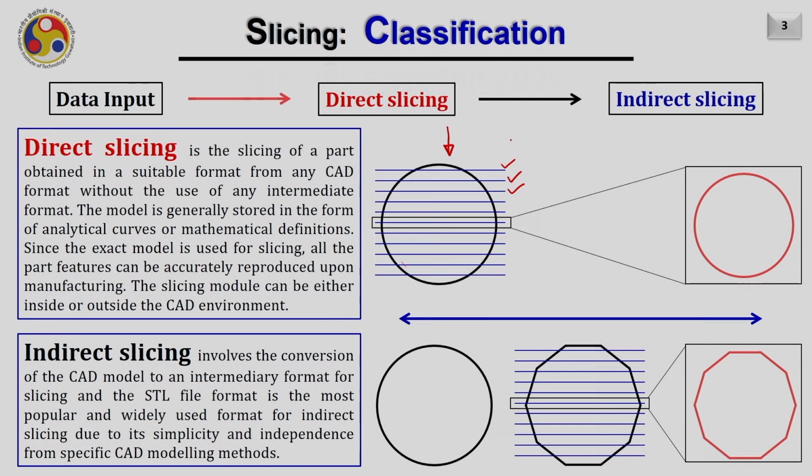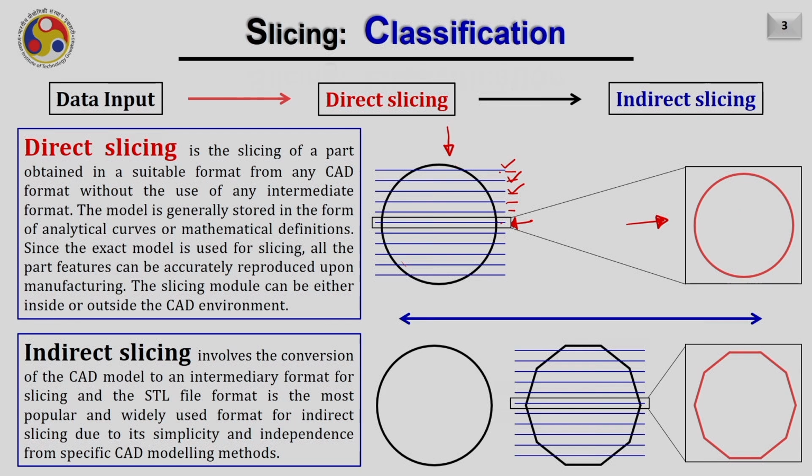Directly, the accurate CAD model is sliced in this case. These horizontal lines are the slicing planes, and the intersection between these slicing planes and the object is taken. An example slice is highlighted here. The intersection between the horizontal plane and the sphere at this particular level is going to be a circle.